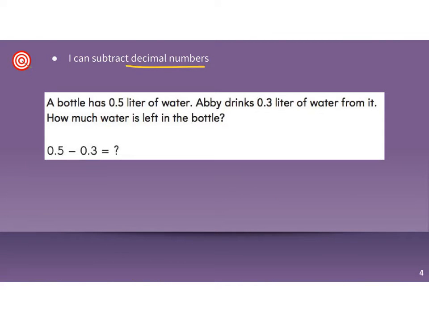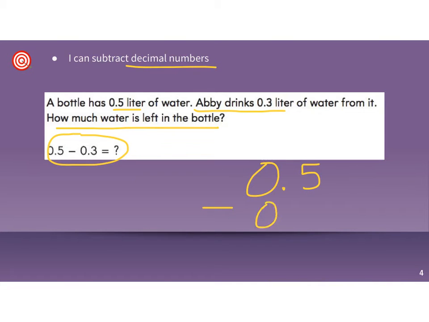If I am given decimal numbers, a bottle has 0 and 5/10 liters of water, but Abby drinks 3/10 liter of water from it. So how much water is left? That would be a subtraction problem. What would I do? The same thing that we learned with subtraction in general, and then yesterday with subtraction of decimals.